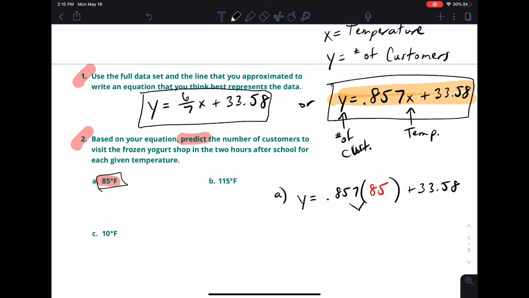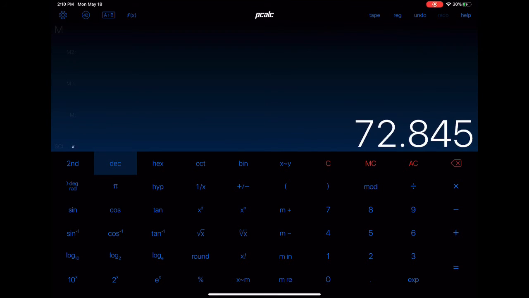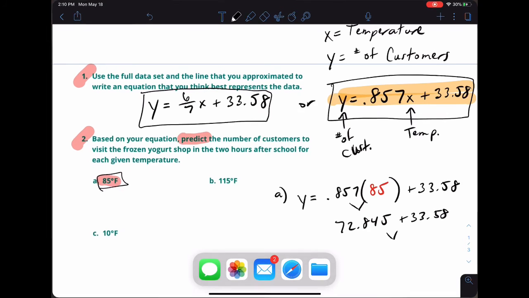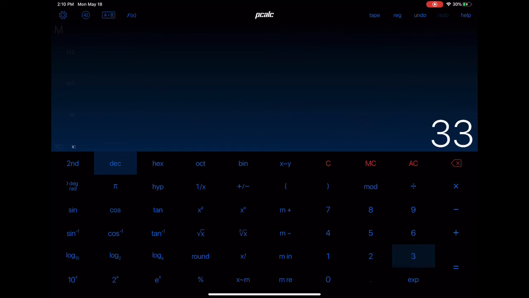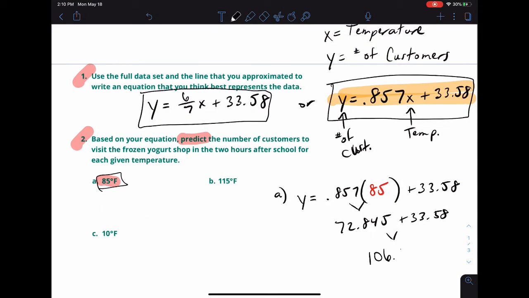So 0.857 times 85 is 72.845, plus this 33.58 is 106.43. So Y equals 106.43.